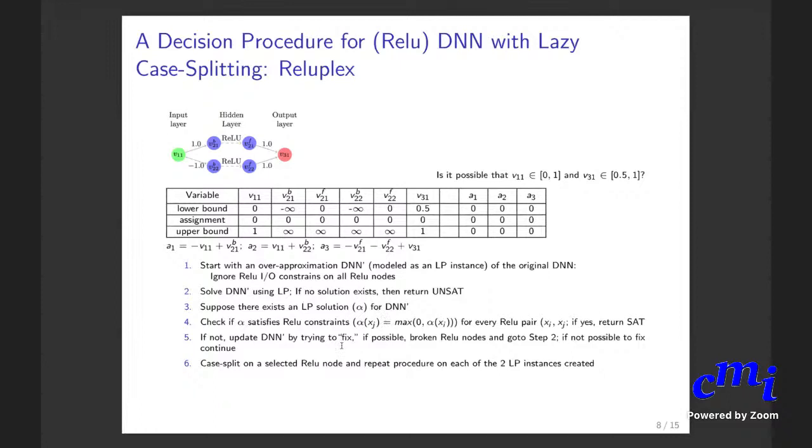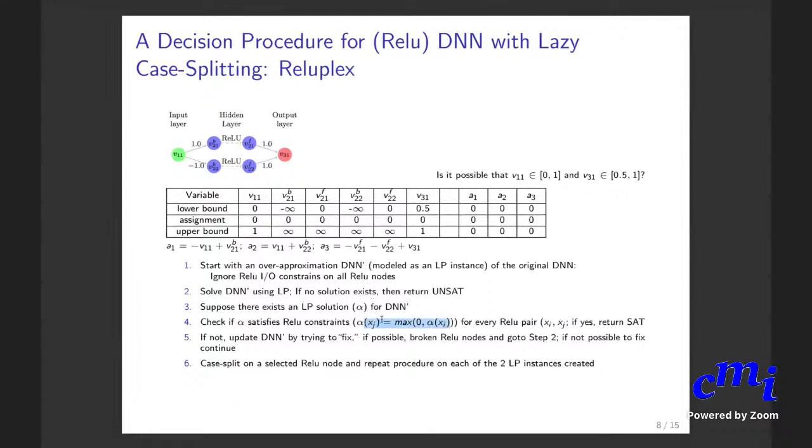But it tries to fix all the broken ReLU nodes by making them satisfy their ReLU constraint, either by changing the output or the input in the ReLU pair.